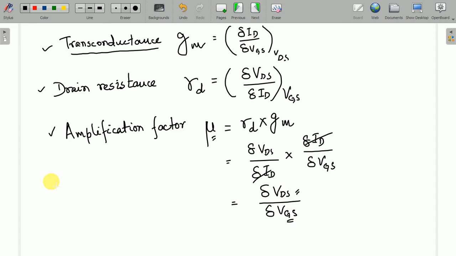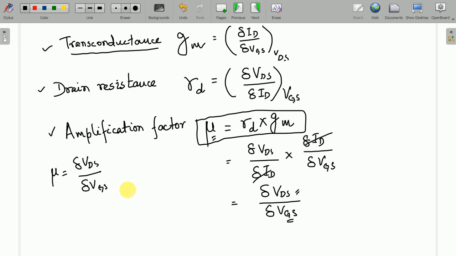Otherwise, you are supposed to prove that mu is equal to RD into GM. How to prove? Amplification factor mu is equal to output voltage over input voltage, delta VDS by delta VGS.